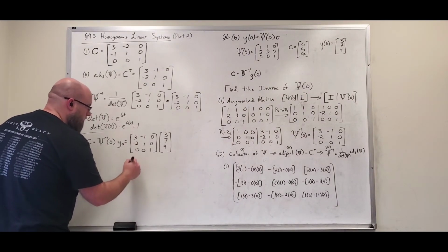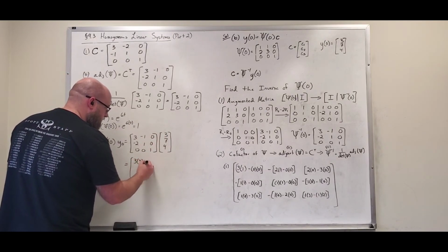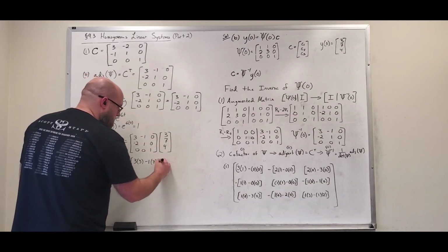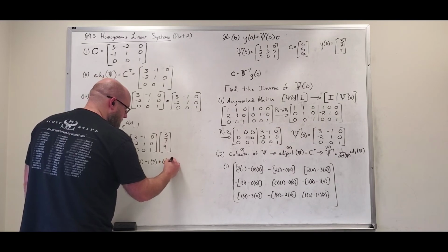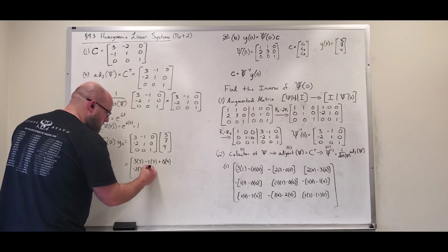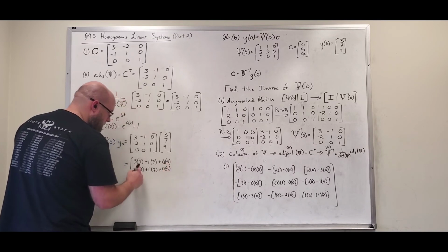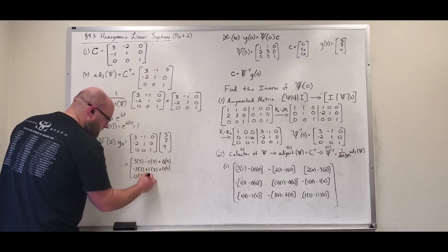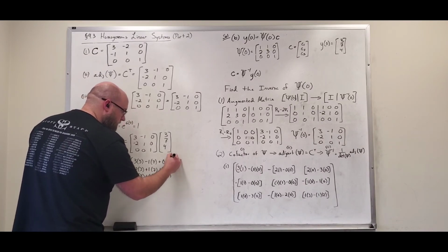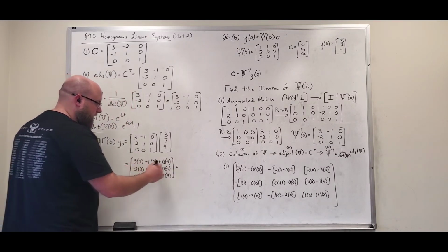Row times column. So we get 3 times 3 minus 1 times 7 plus 0 times 4. Negative 2 times 3 plus 1 times 7 plus 0 times 4. And 0 times 3 plus 0 times 7 plus 1 times 4. So in our case, 3 times 3 is 9 minus 7, which is 2.